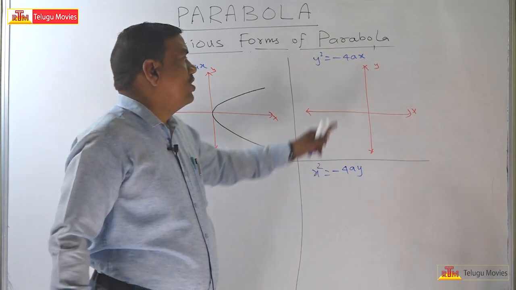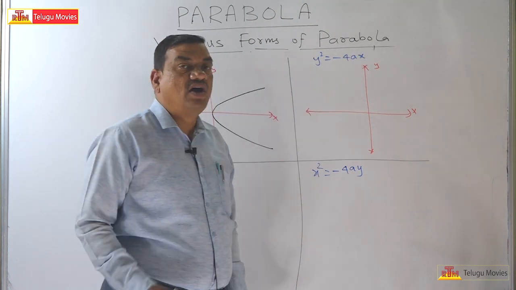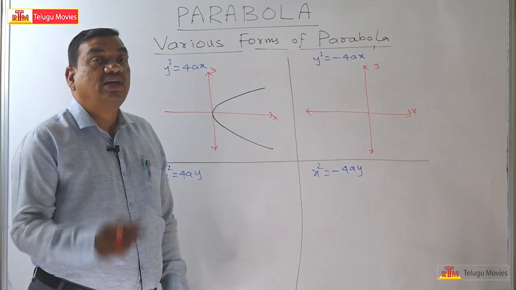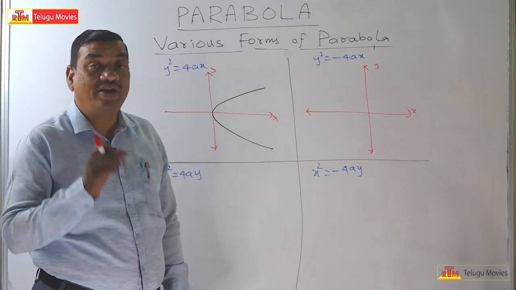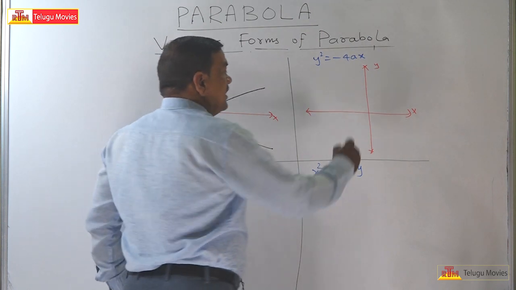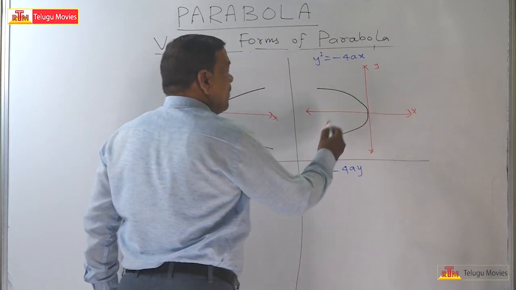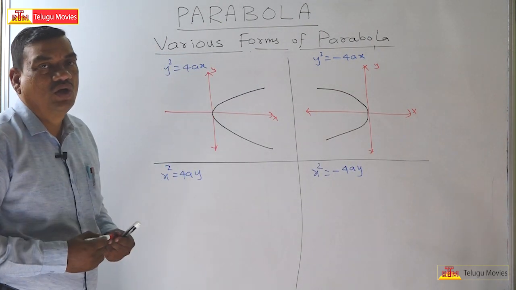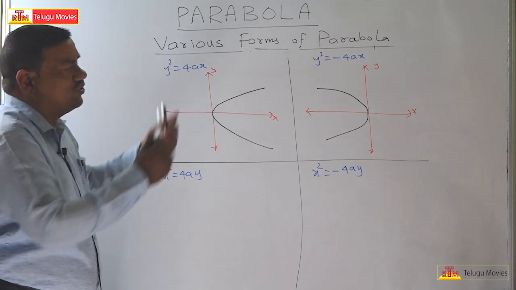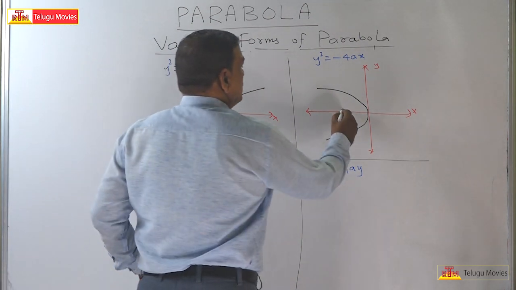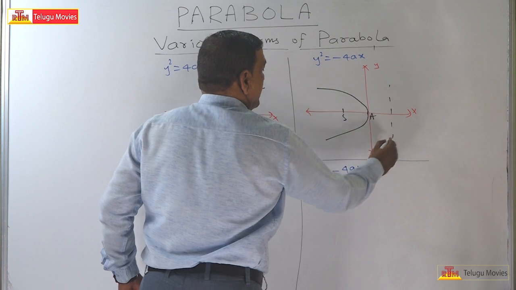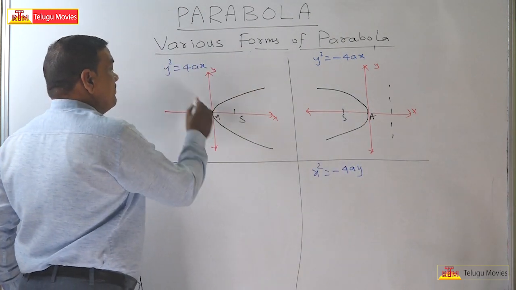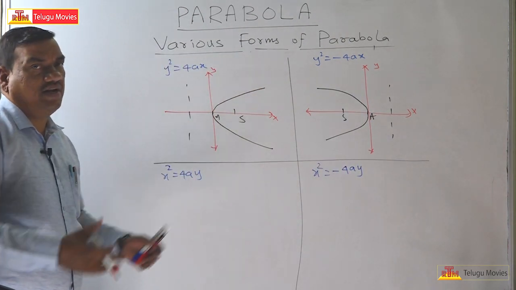On the whole, the x coefficient is minus 4a. That means x is negative. Negative x-axis means this opens leftward. From that you can write down: this is the focus, this is the vertex, here is the directrix, all those things you can write.